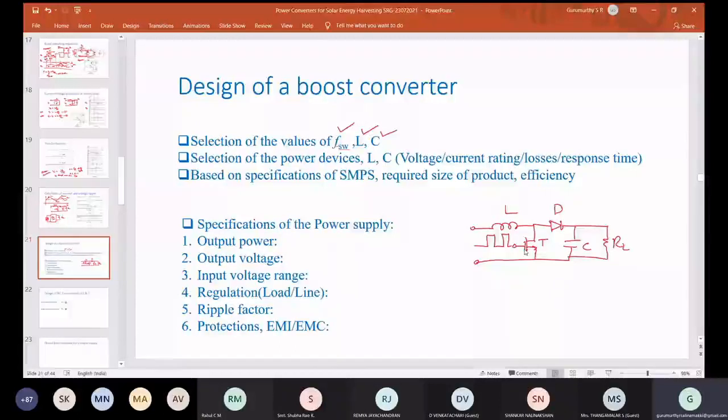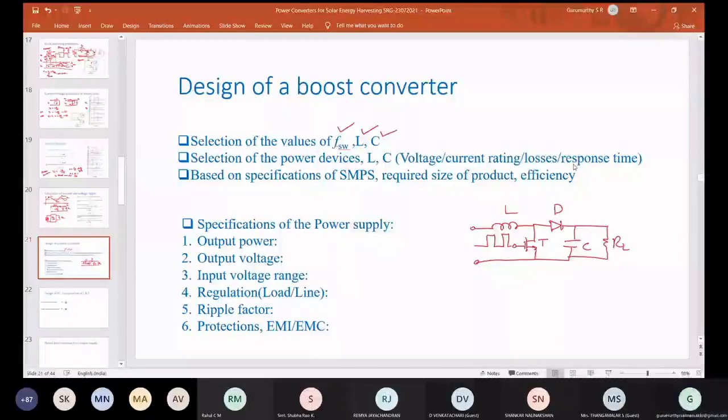Design is these things. Selecting these devices, capacitor, semiconductor device, voltage ratings, current ratings, what loss takes place in the device, how much loss it can tolerate, and the response time. These are all non-ideal devices. An ideal device gets on instantaneously.